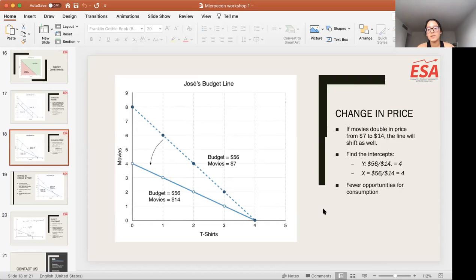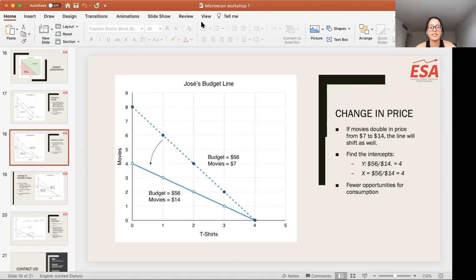If movies double in price from $7 to $14, the line is going to shift, but it's not going to be a parallel shift, because the x-intercept isn't moving; nothing is changing with the t-shirts. You can still only buy 4 t-shirts if you spend all your money on that. The y-intercept now would be 56 divided by 14, which is also equal to 4, because now movies and t-shirts cost the same amount of money. The intercepts are the same.